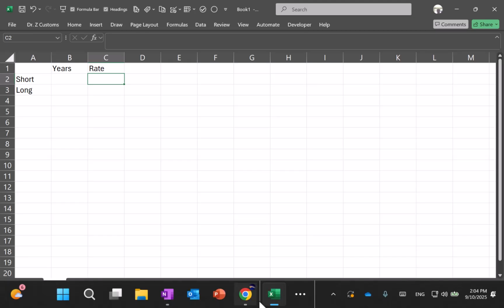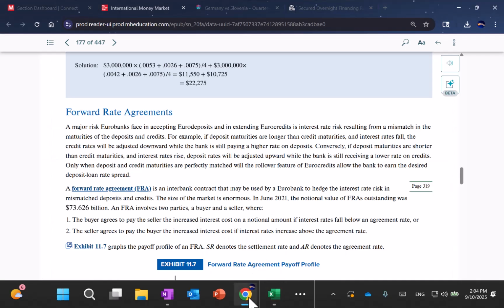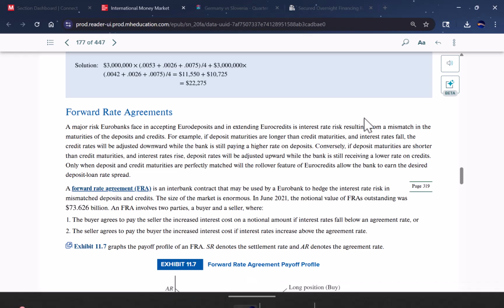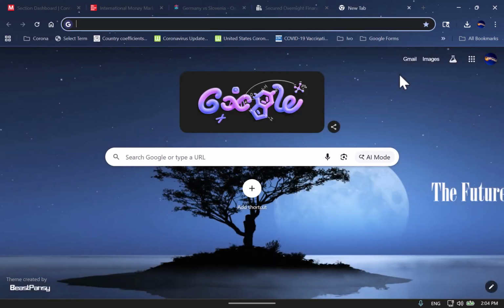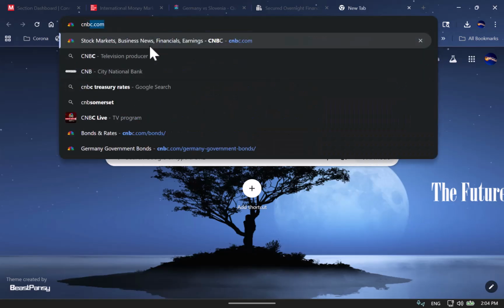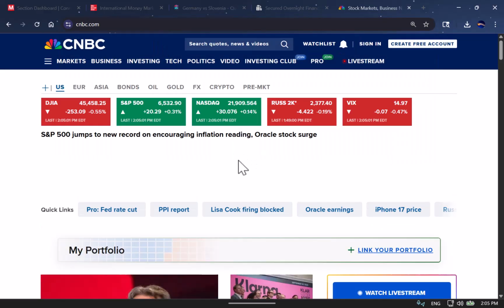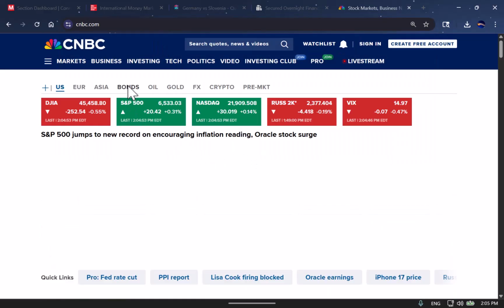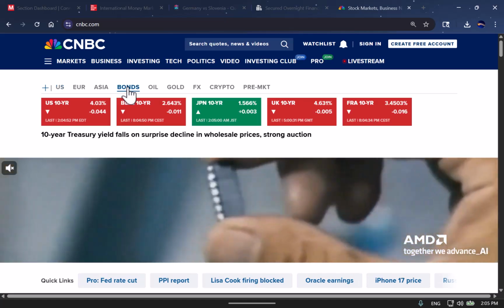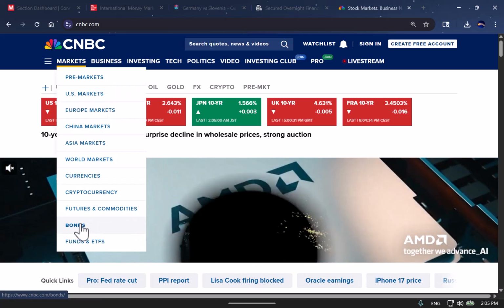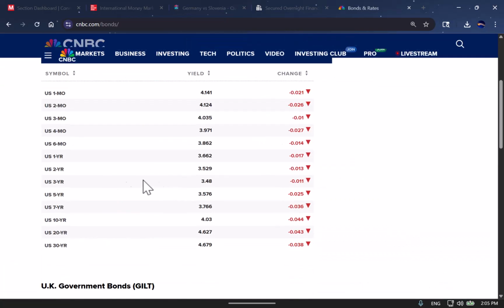Suppose I want to do a forward that's going to start 2 years from now, but I want to hold it for another 5 years. Let's get the 2 year and 5 year rates. I'm going to use the treasuries markets, 2 and 7.